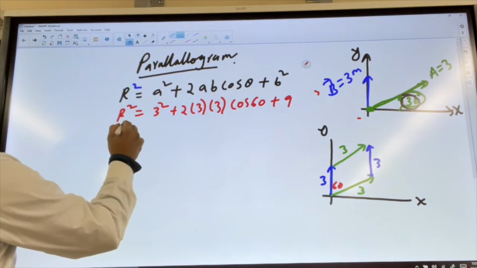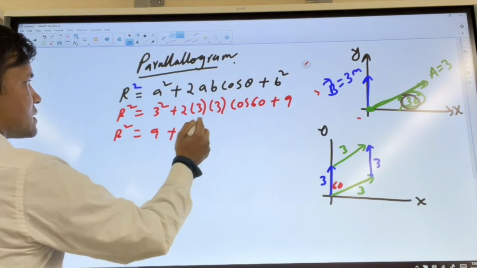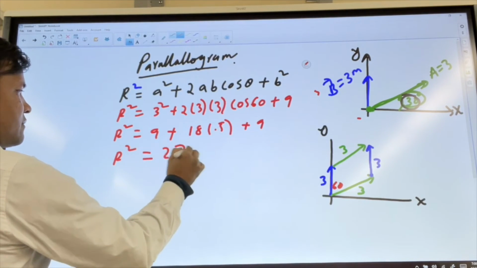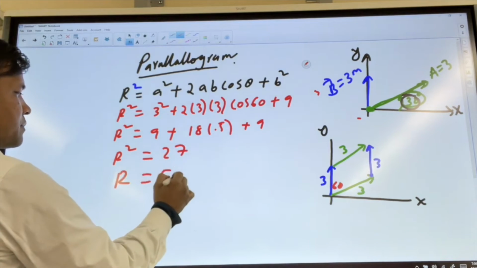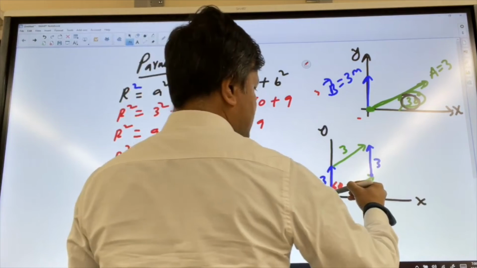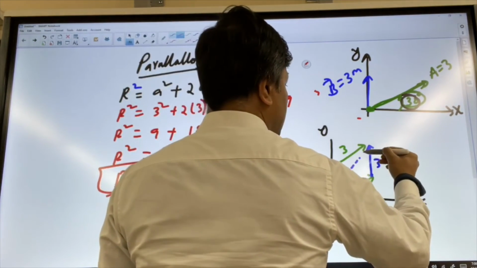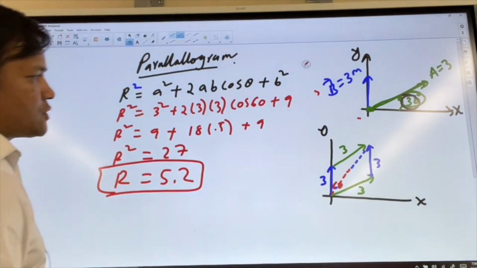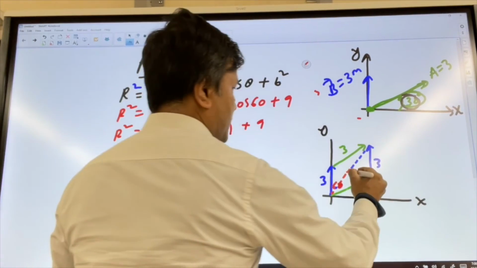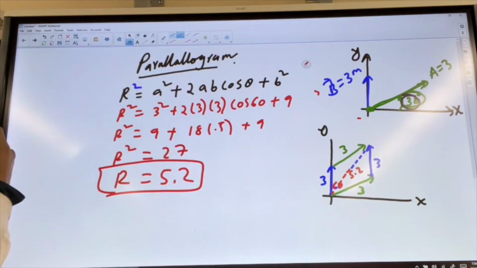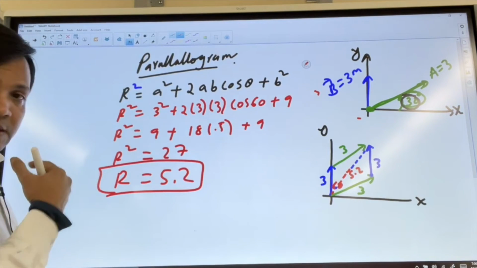So r squared is 9 plus 9, so r squared is 27, so r is 5.2. So the law of parallelogram gives us the resultant, which is of course 5.2.